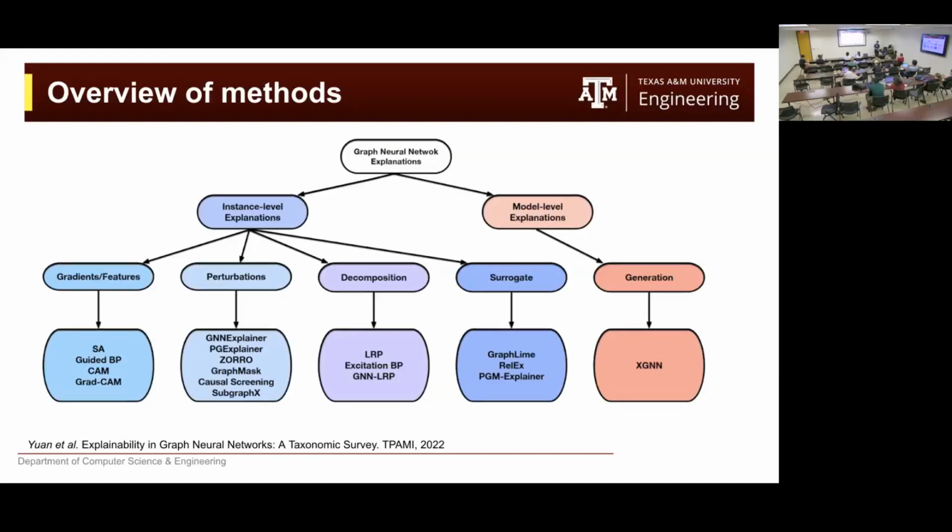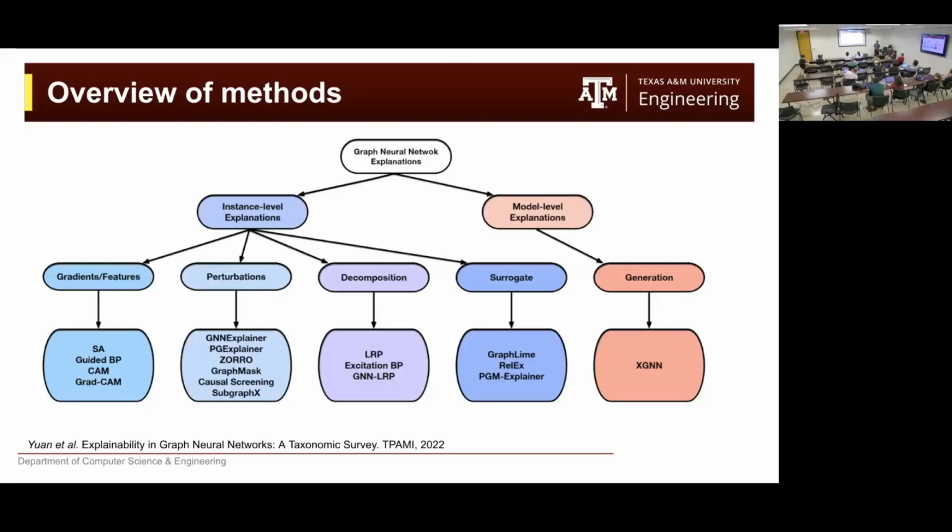And the final category is called surrogate-based methods. These methods will study a local region of the input graph instead of just the input graph. It first samples a data set in the local region of an input graph, and then uses the original graph neural network to get the paired data as the data set.